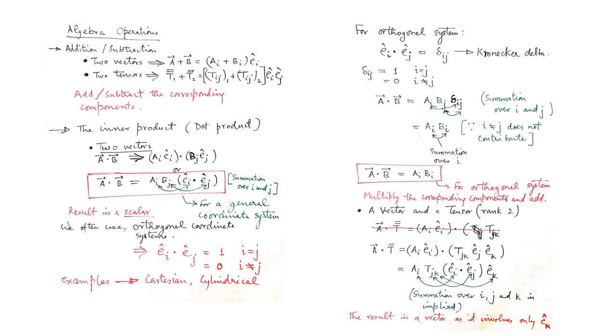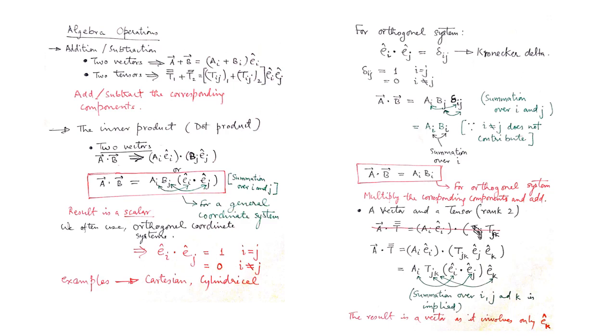Now, as I told you earlier, we often use orthogonal coordinate systems, where the unit vectors are mutually perpendicular. So e_i dot e_j is 1 when i is equal to j, meaning that e1 dot e1 equals e2 dot e2 equals e3 dot e3, and all these dot products with themselves are unity, because after all these are unit vectors.